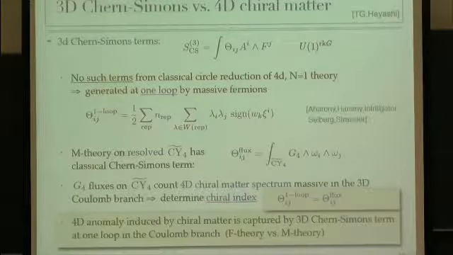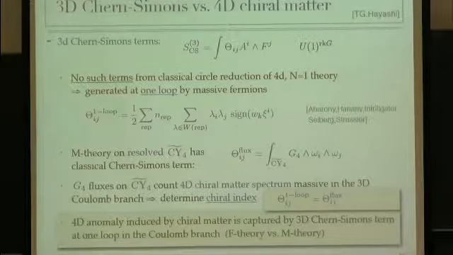But what are the massive fermions? The massive fermions are all the things which were charged under the gauge group, and now become massive because we have gone to the Coulomb branch. So they will exactly be the 4-dimensional charged matter fields. Okay. This is the expression which one can compute.